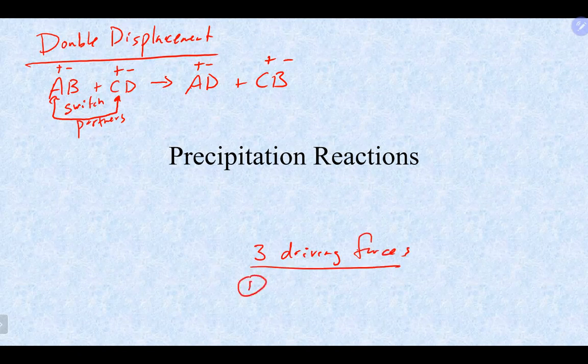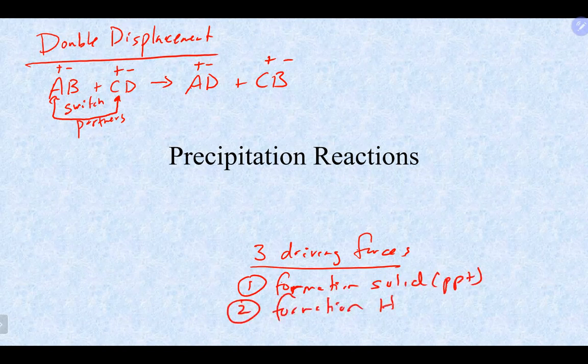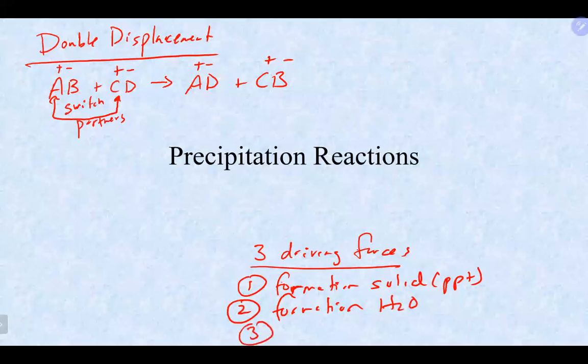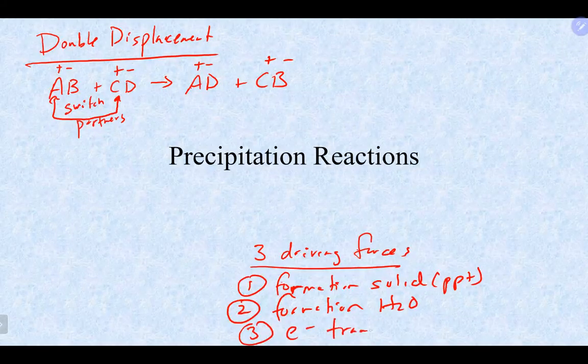It is the formation of a solid, or a precipitate as it is sometimes referred to. It is the formation of water. And it is an electron being transferred, basically.